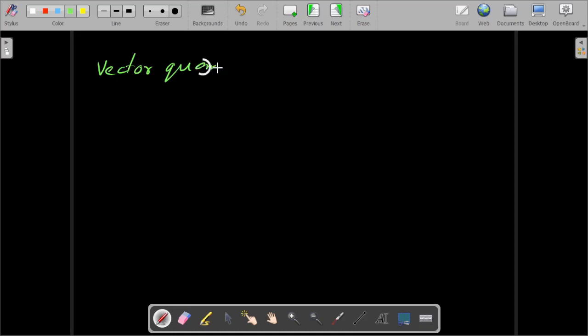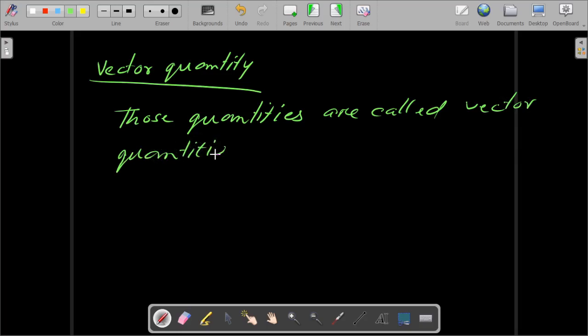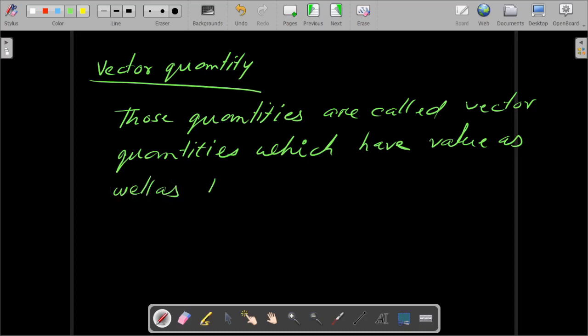Those quantities are called vector quantities which have values as well as direction, right?